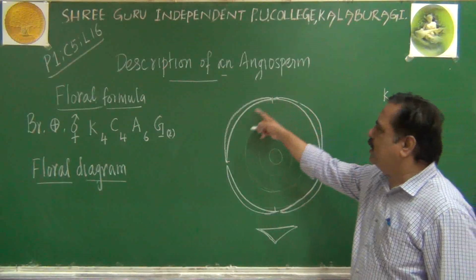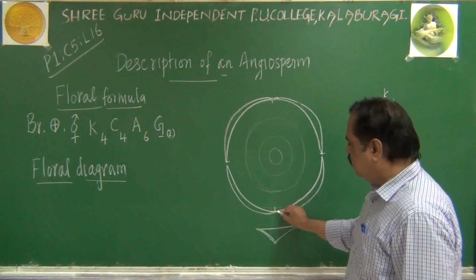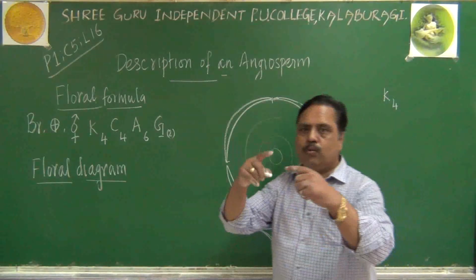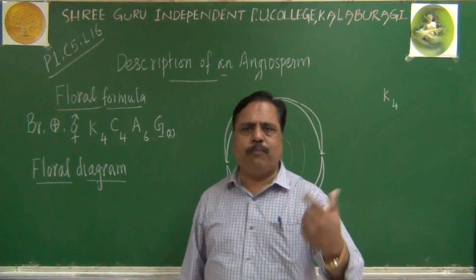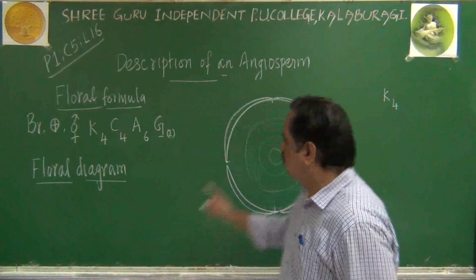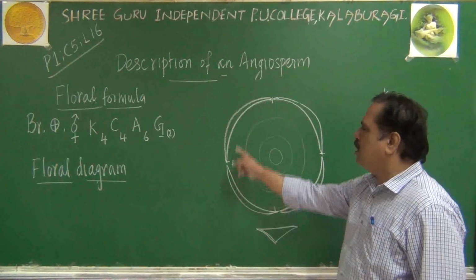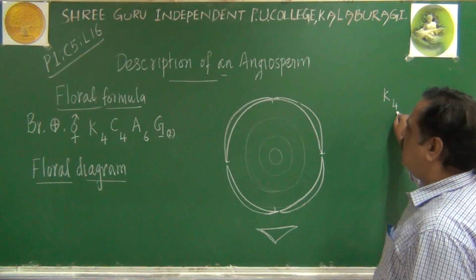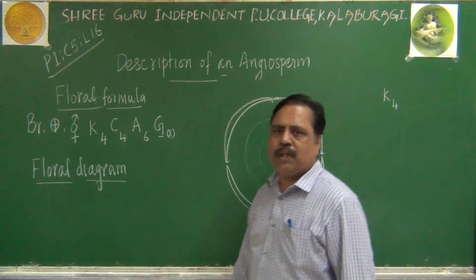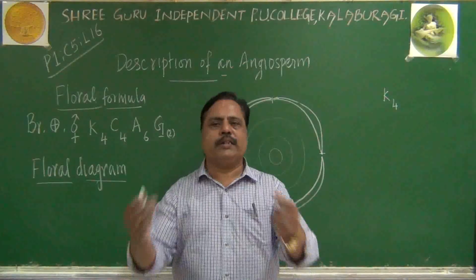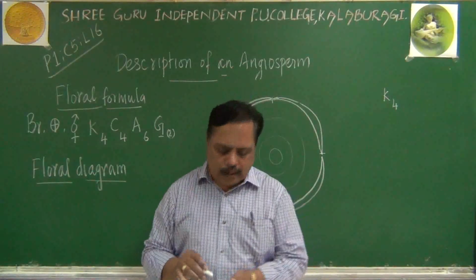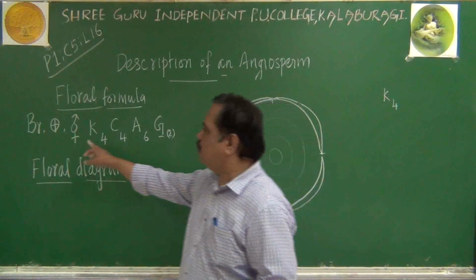They are arranged in valvate aestivation because their margins are simply touching each other. They do not overlap. If they overlap, we will call it twisted. So by seeing this outer circle, I can tell how many sepals are there, whether they are gamosepalous or polysepalous, and what the aestivation is. Let me come to the next point.